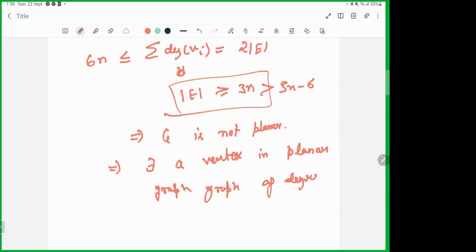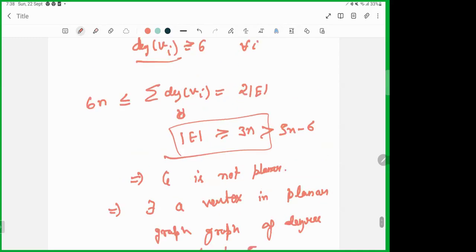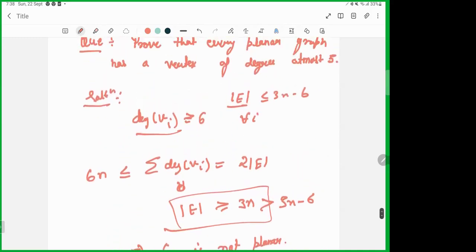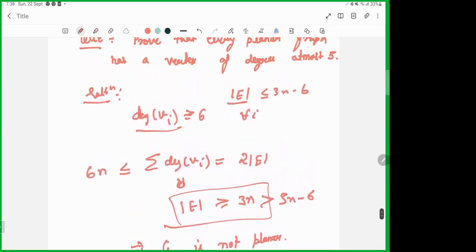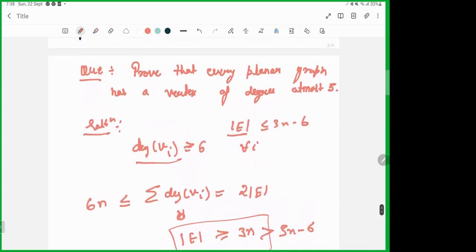So can you produce the same bound for bipartite graphs? That would be nicer, right? In this case, the bound is that there is a vertex of degree at most 5, you are saying. But can you produce something for bipartite graphs?